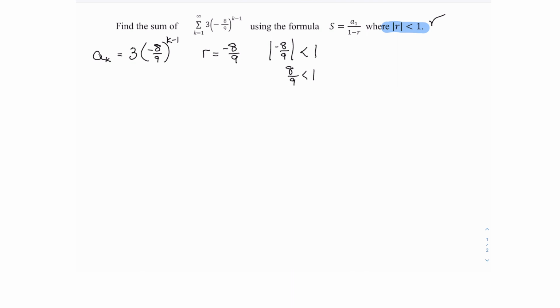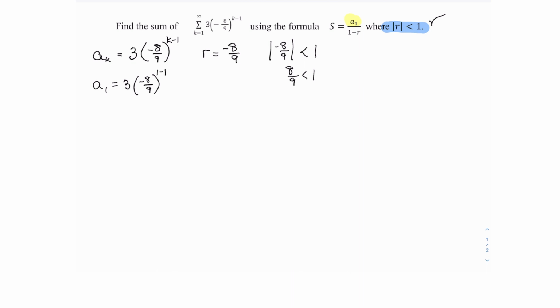So how do we go about finding these values? Well, the first thing we need to do is find our a sub 1. To find a sub 1, we just plug 1 in where k is in our formula. So a sub 1 is equal to 3 times -8/9 to the 1 minus 1 power.